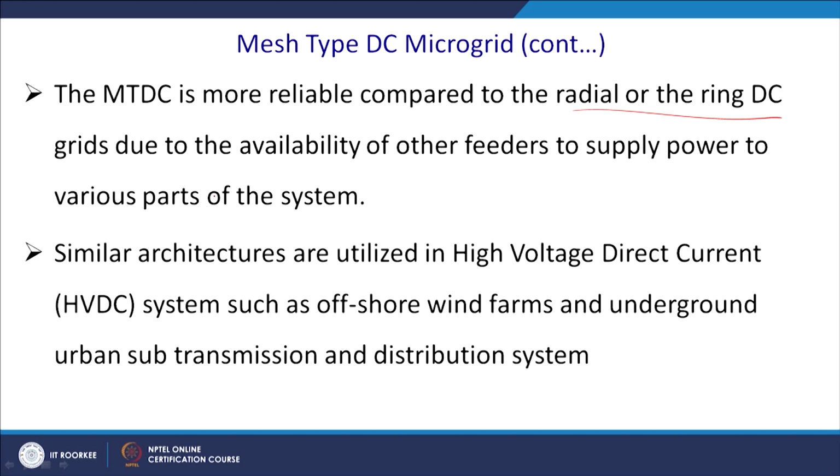So, we can feed power from a different point from the main grid. And similar architectures are utilized in HVDC, or high voltage direct current, systems such as offshore wind farms, underground urban substations and distribution systems.